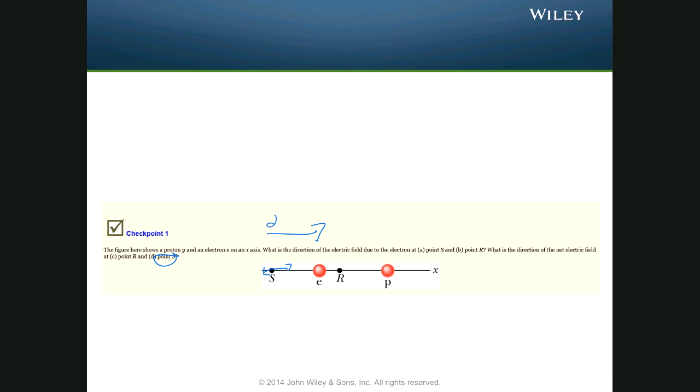Yeah? Now for R, I'm going to do it a different color because it can, and it's awesome. For R, right, which is right here, you'll notice the field for E, it's going toward it. But for P, it's also going towards the electron as well, in the same direction.